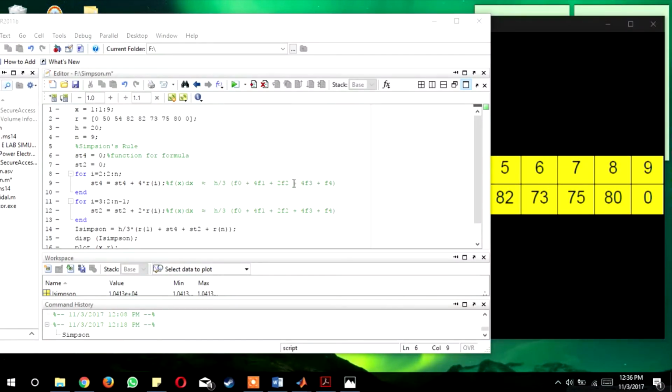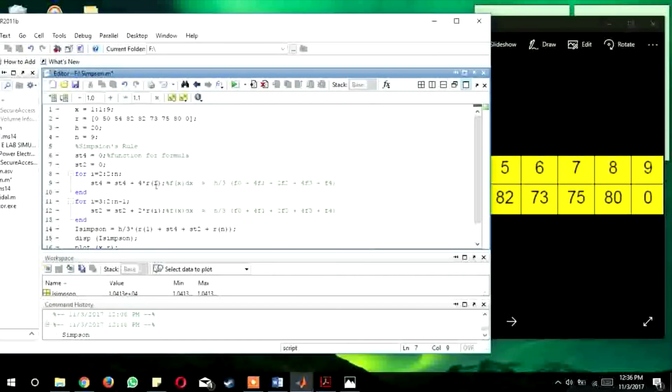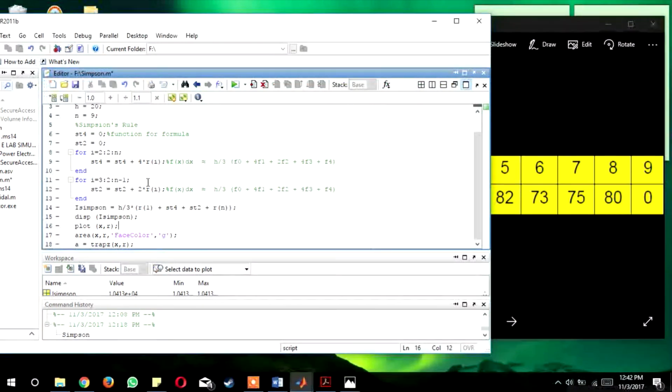Next we go to the next variable, ST4. ST4 represents the part of the formula with the 4. In the formula we have 4 and 2, so ST4 represents the 4 at F1 right here, and ST2 represents the 2 at F2.